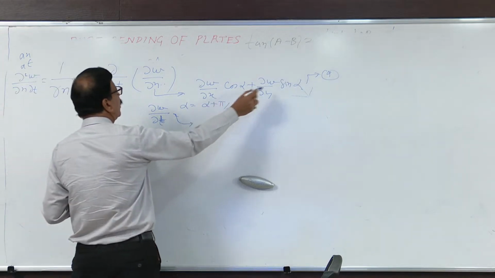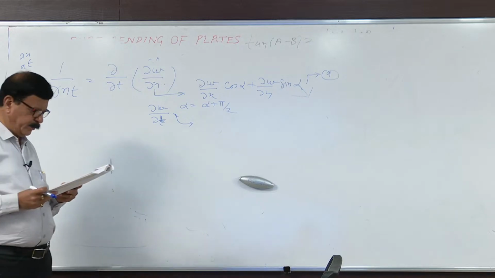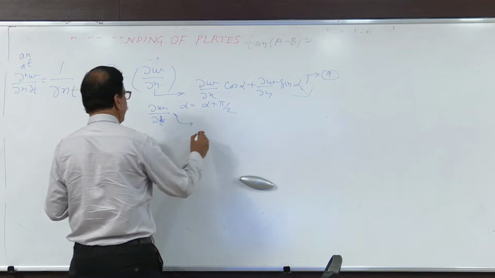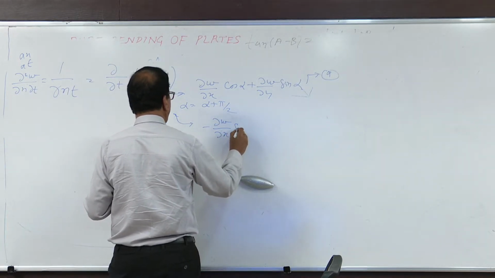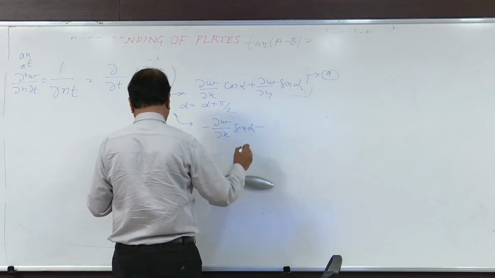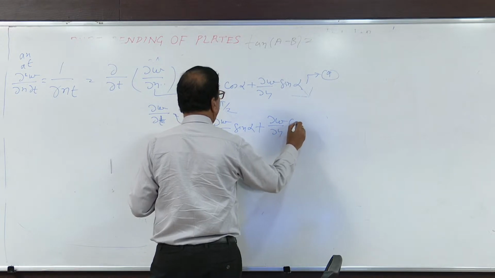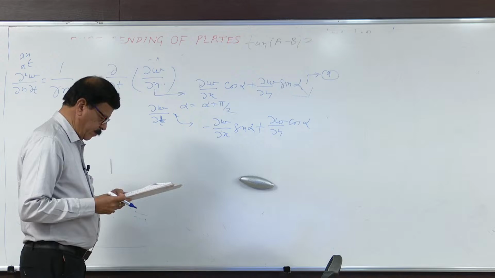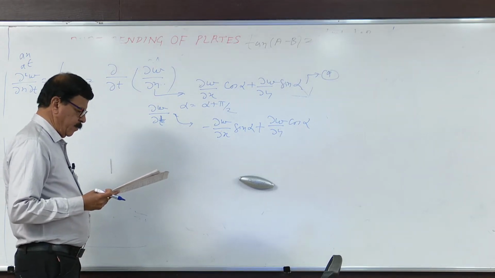Replace this alpha with alpha plus pi by 2. ∂/∂t bracket minus ∂w/∂x sin alpha. Yes.